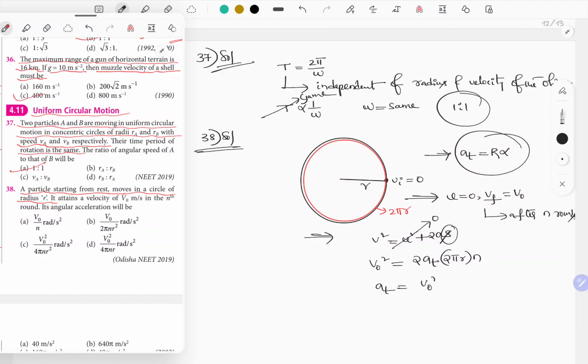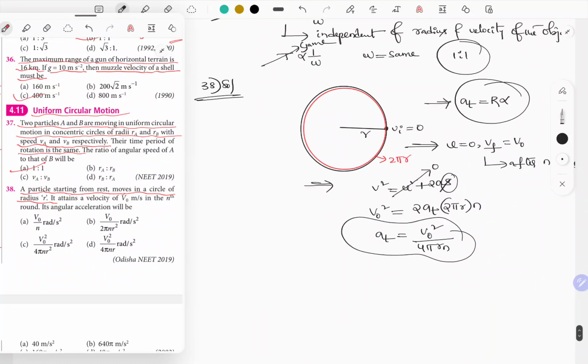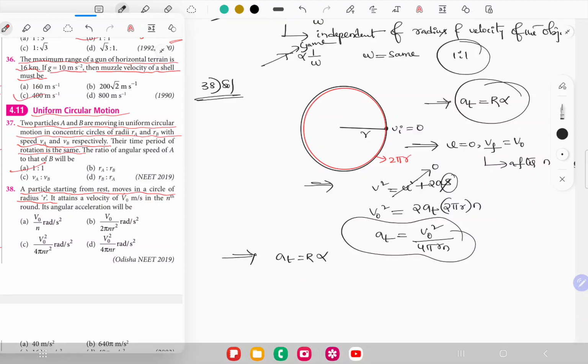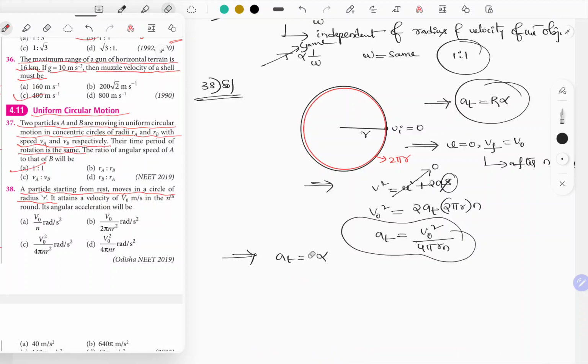Tangential acceleration is equal to v0 square by 4 pi r n. But do we need tangential acceleration or angular acceleration? I need angular acceleration. What's the formula? at is equal to r alpha, where r is the radius of the circle.